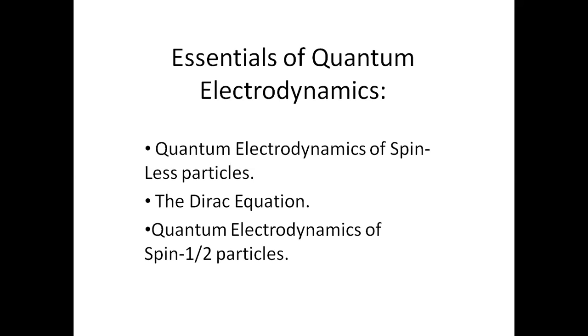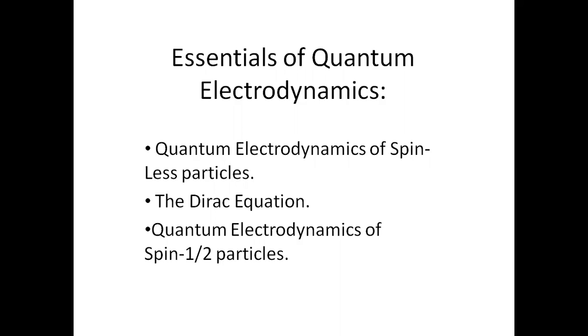So this is basically a fermionic field, and there are many other types of fermionic fields which are spin half-odd integers, but we will specifically focus on the spin half fields. And last, we will see how the Dirac fields and the spinless fields interact with light. That is the quantum electrodynamic nature of spin half and spinless particles.